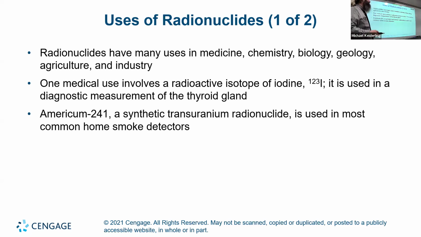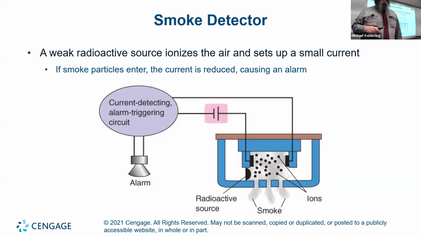There are other ways to make smoke detectors. I don't know if they're that common these days, but it's a pretty common type of smoke detector. A weak radioactive source ionizes the air and sets up a small current. If smoke particles enter, the current gets reduced because they absorb some of the radiation, causing an alarm.